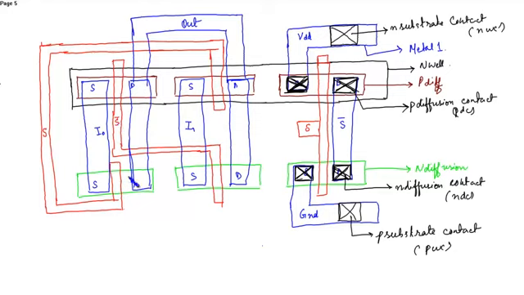Now this control input S is connected to the first transmission gate, second transmission gate. So from here we can directly connect S. So S is directly connected and S bar is connected from here. In this way this can be connected.